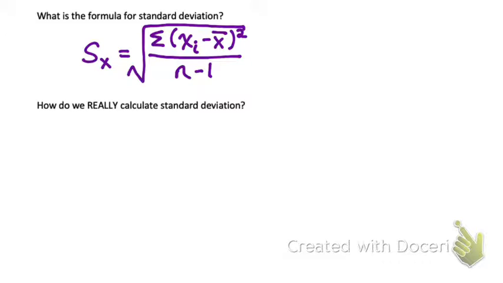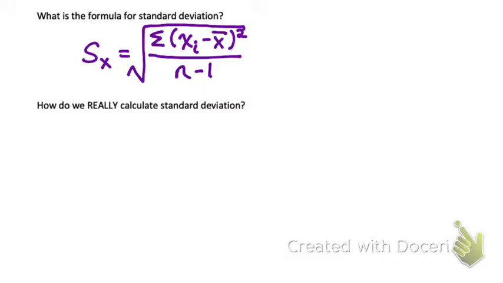So 1 minus 3 would give me a negative number. Hence why I have to square these numbers, because I can't have a negative in a distance. So I square all those subtractions, and then I add all those up. I divide by n minus 1, the number of numbers in the distribution minus 1, and then once I do that, I take the square root to bring them back down to the actual value. So that's how you find standard deviation formula-wise, the non-lazy person's way.